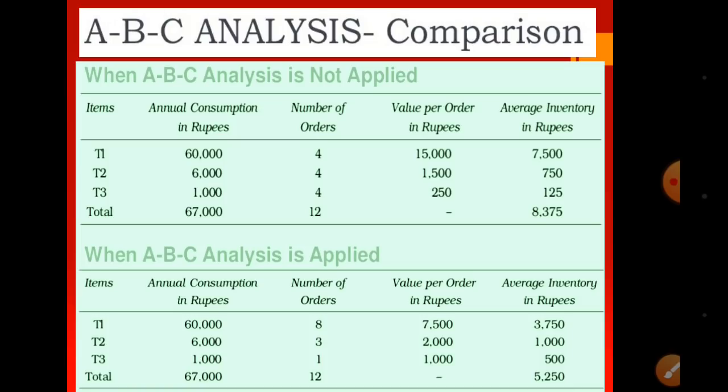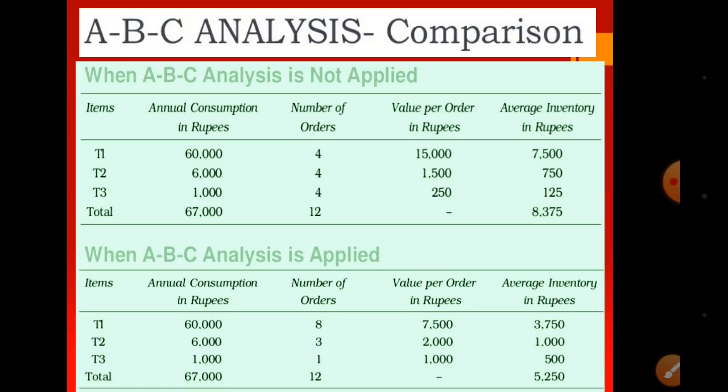Now we can see that when ABC analysis is applied, the number of orders varies. In that case, the number of T1 is 8, number of T2 is 3, and number of T3 is 1.